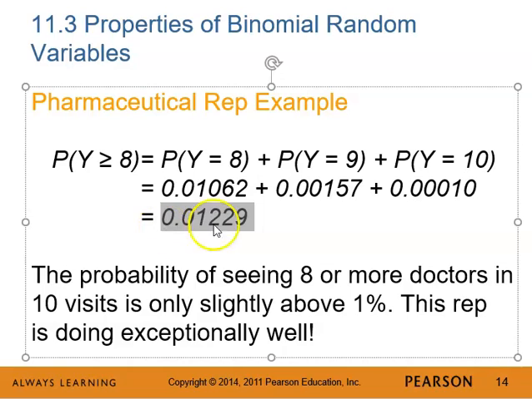And the sum of them is 0.01229, and if the question says rounded by maybe you just use 2 decimals, right? So the answer would be 0.01, and 0.01 is 1%. As a result, the probability of seeing 8 or more doctors in 10 visits is only slightly above 1%. This rep is doing exceptionally well.